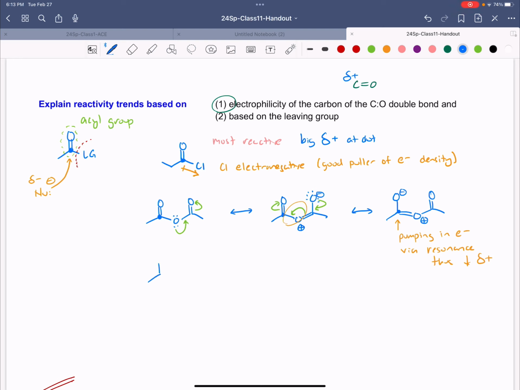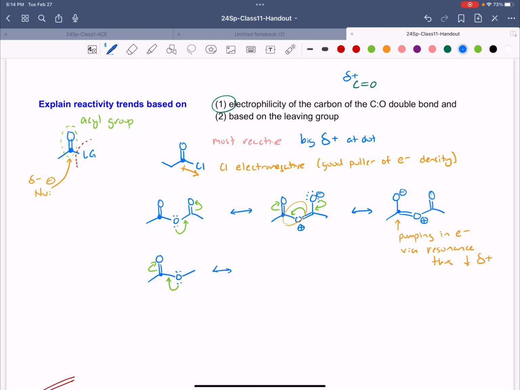Ester, we're also going to have resonance because we have that oxygen next door. But now, interesting. Now we're not having resonance on both sides. So the only resonance is going to the left. And so if you think about it, well, let's draw it first.